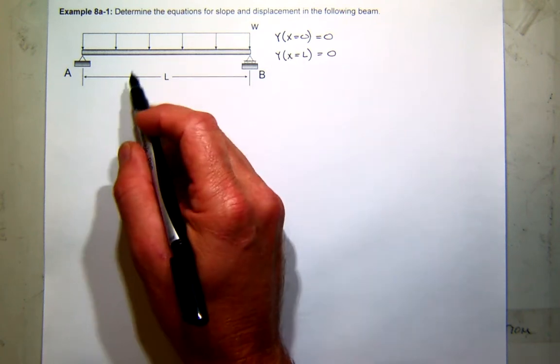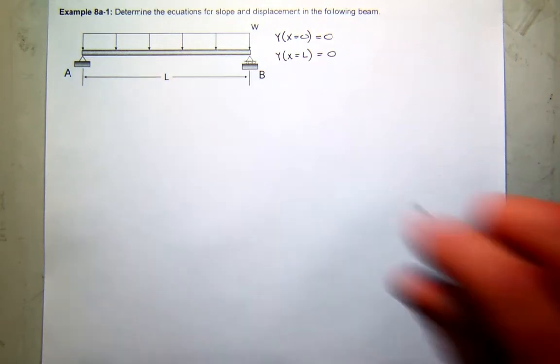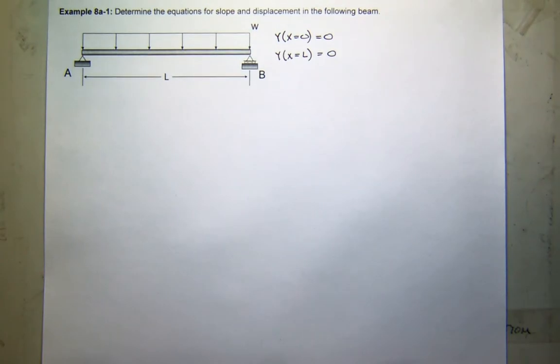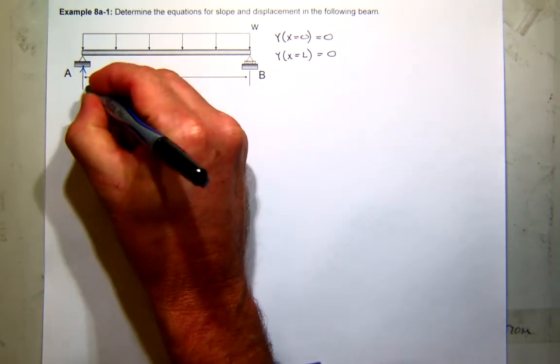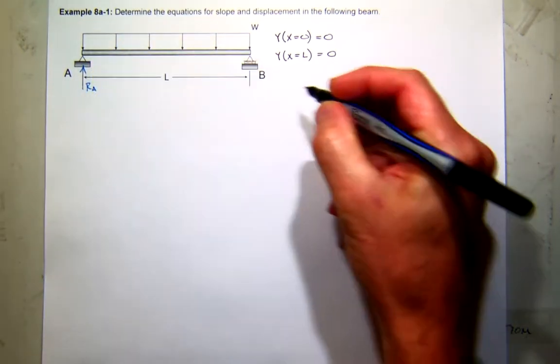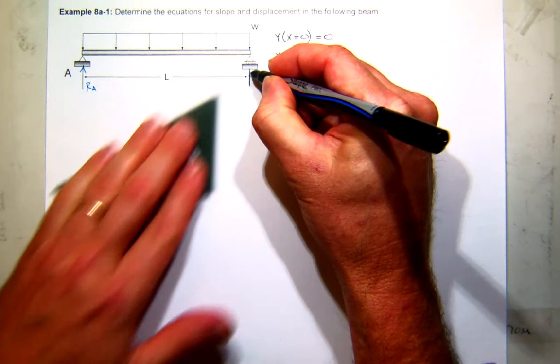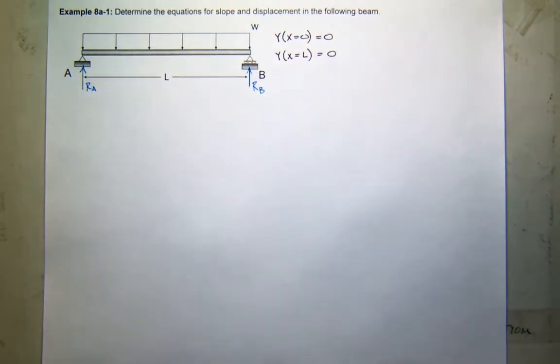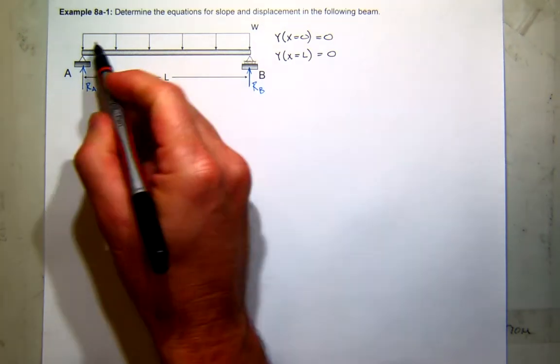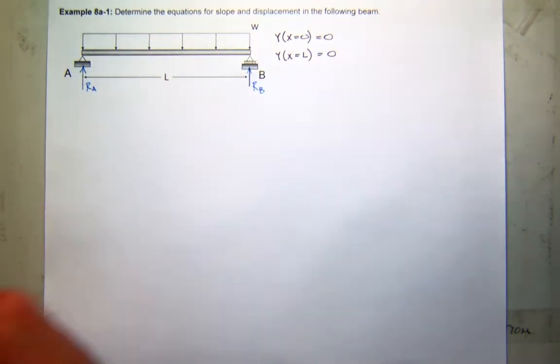The first thing I need to do is write the moment equation for this. To help me out, I'm going to assume that I have a reaction at A and a reaction at B. And also to help out with my calculation, I'm going to replace the distributed load with a concentrated equivalent.